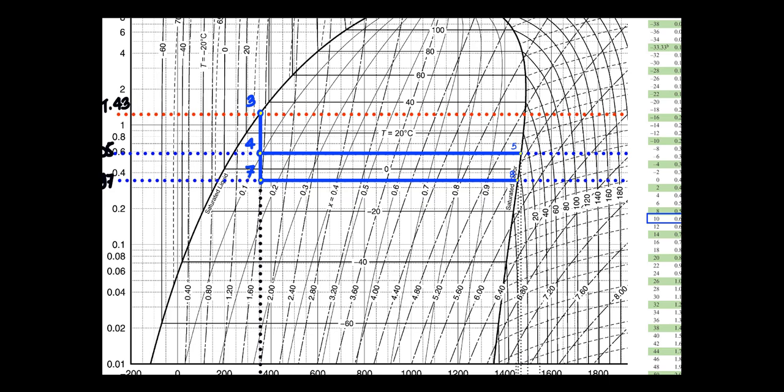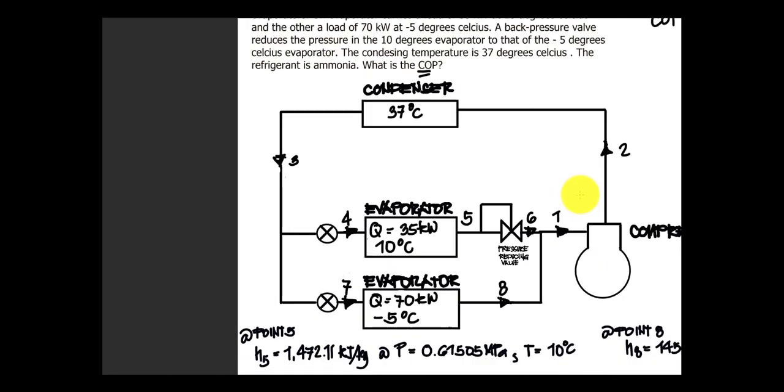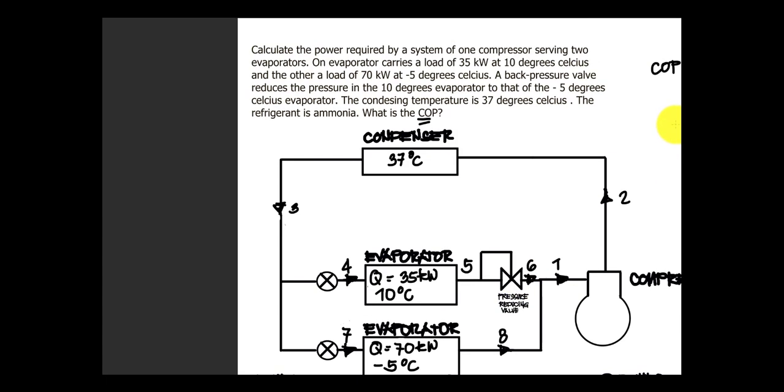Next, we need to plot also the point 6. Now, let's go back to the figure here for the cycle. So you will notice here, this is a pressure reducing valve, and the problem states that we have a back pressure valve. So this reduces the pressure from 10 degrees evaporator going to -5 degrees.